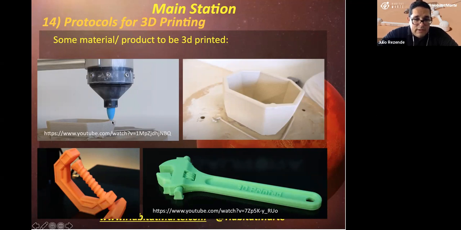It's an additive manufacturing process, where they are adding layer by layer using a 3D printer. This is a photo from a more advanced moment. In this case, we imagine that the 3D printer would be useful to produce some utensils aboard the main station.